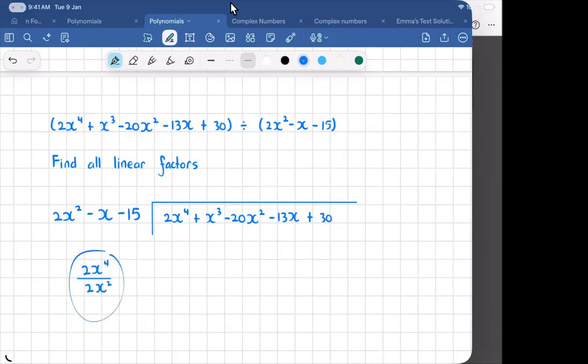So, Avinash, what would happen over here? You'll get x squared. The 2 and the 2 would cancel off, yeah? And the x squared will cancel from the x to the power 4.